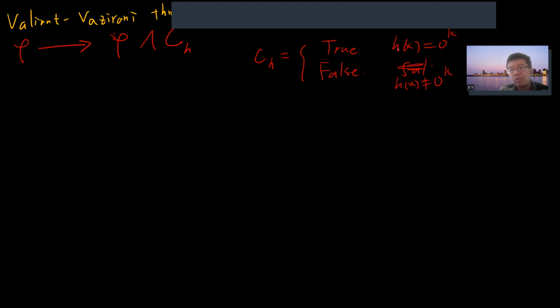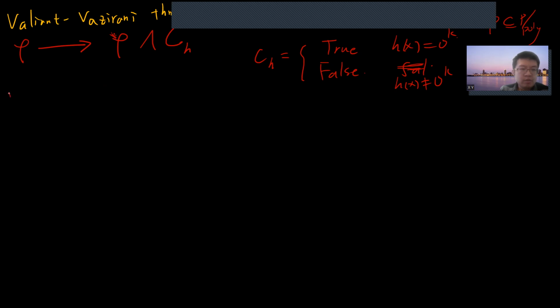Since h is efficiently computable, h is in P/poly, so I can translate the polynomial computable function into a polysize circuit. So I translate phi into phi(x) and C_h(x).